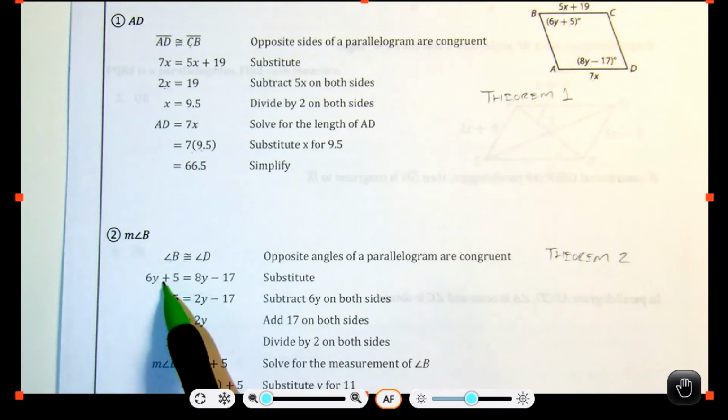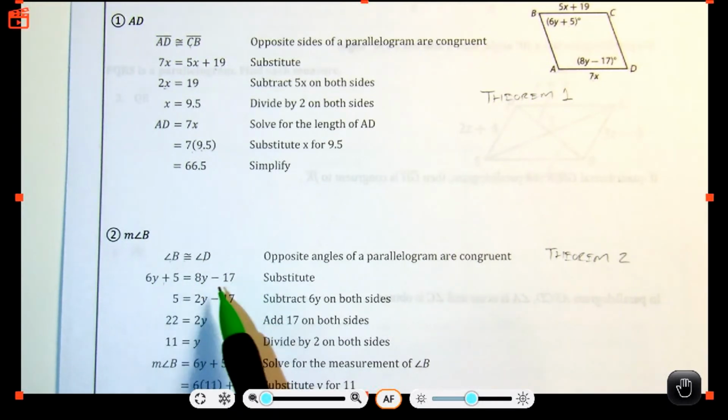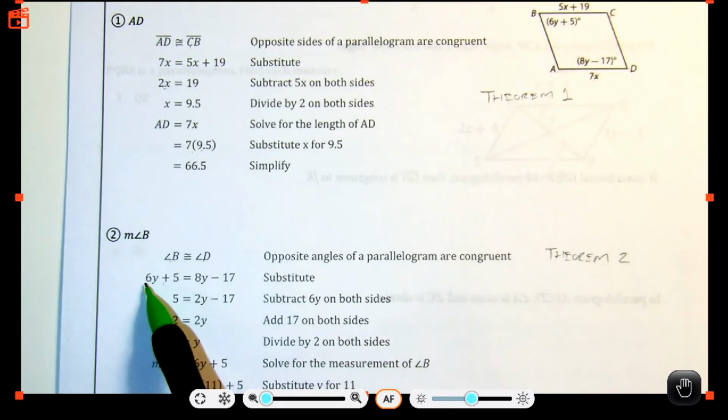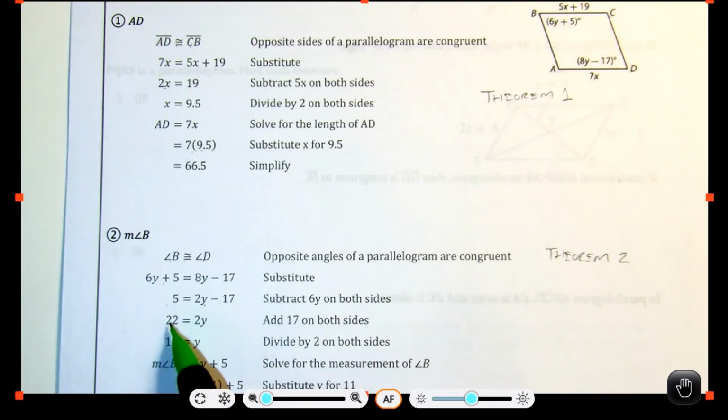Doing some algebra, you could subtract 6y from both sides. We get 2y. And then we could add 17 to the left side, and we get 22. I could divide both sides by 2, and I get y equals 11.